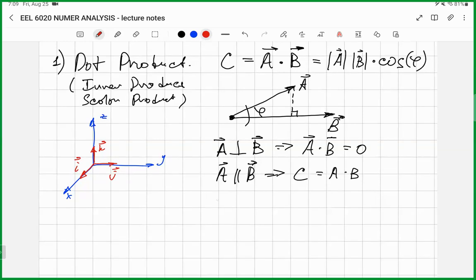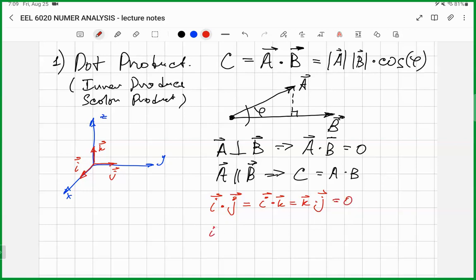For example, if I take i and make the dot product with j, of course the result will be 0 because these two vectors are orthogonal, as well as the products of i and k, and k and j, so always the result will be 0.